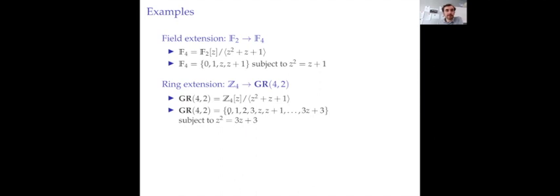The elements of the Galois ring in this case are just all constant and linear polynomials with coefficients modulo 4. And if we set this to 0, then we get minus z minus 1, which is the same as 3z plus 3. So we use this equation to always decrease the degree below 2.